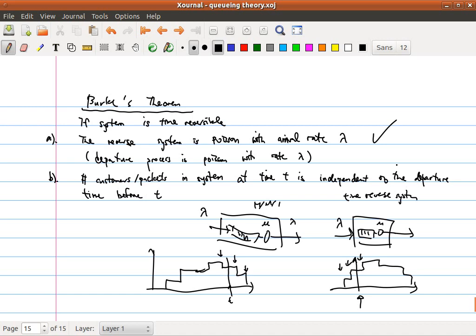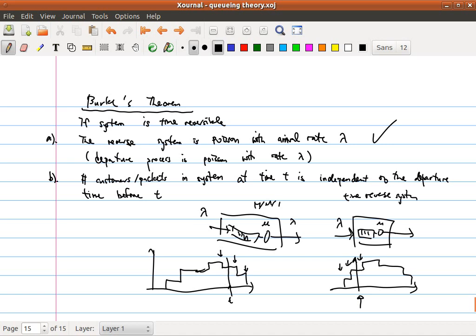Okay, this is a pretty mouthful statement, but just look at this example here. What it's saying is that here I also draw the number of packets in the system over a period of time. Let's say at this particular time t, the number of packets, that's basically 2 here, will be independent of the departure times before it. So it's independent of this event here.